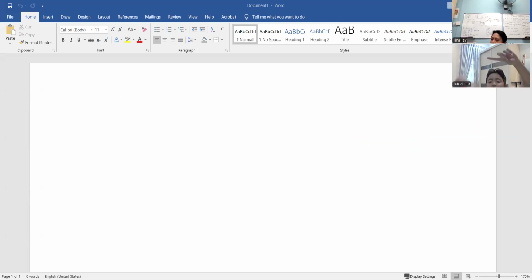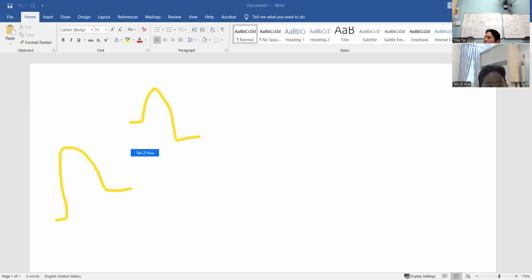We are still learning the mountain one, the diagram, the drawn one. You mean the rate of reaction? Yeah.